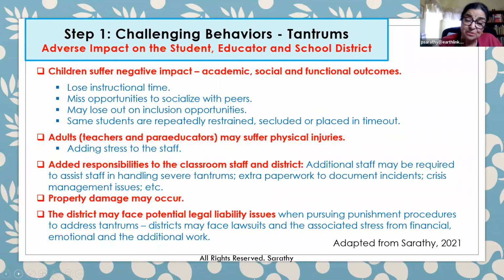So we do have to come up with some positive approaches on how we can take preventive action. As a matter of fact, during the last webinar, when we were looking at understanding the characteristics of children with autism, we were looking at what preventive action we can take ahead of the meltdown. What new skills do we need to teach the student to replace those problem behaviors?